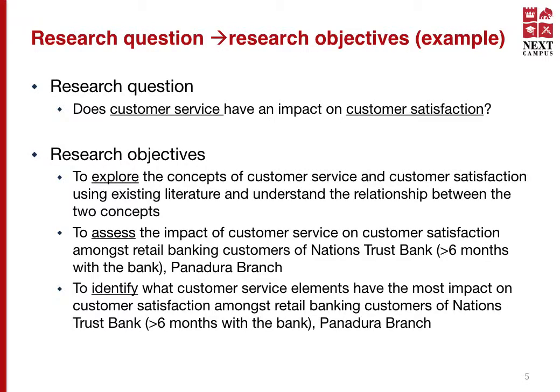Let's look at these research objectives. First one: to explore the concepts of customer service and customer satisfaction using existing literature and understand the relationship between the 2 concepts. So here the first objective talks about exploring current literature. This means that by doing an effective literature review, you can achieve the first research objective, because we are trying to see what previous authors have said about customer service and customer satisfaction.